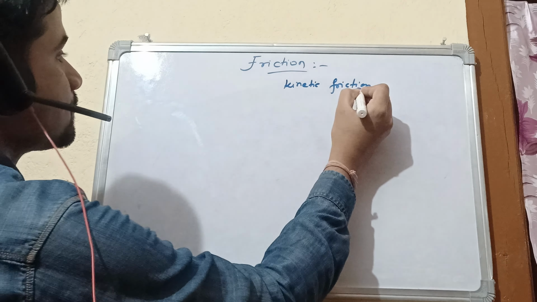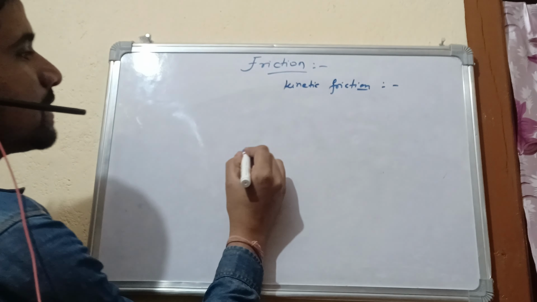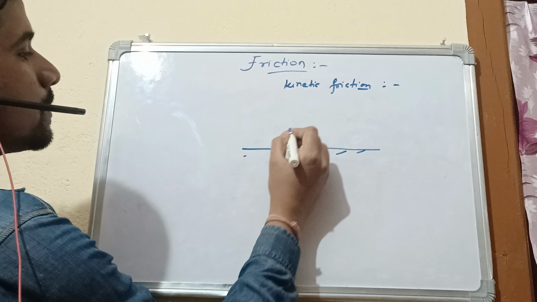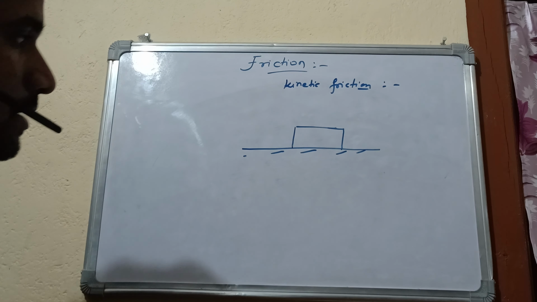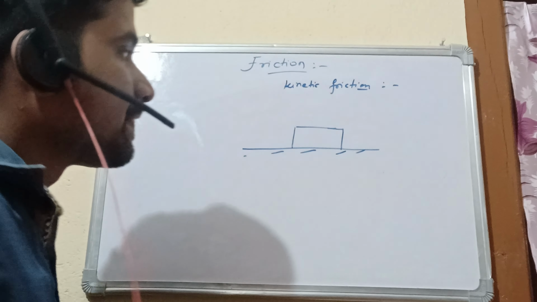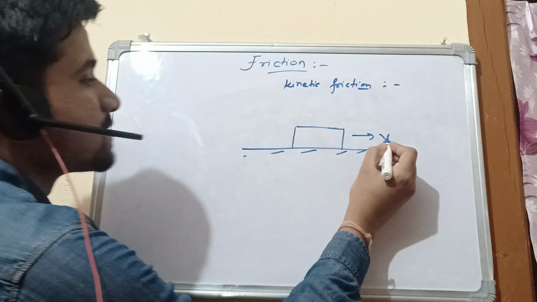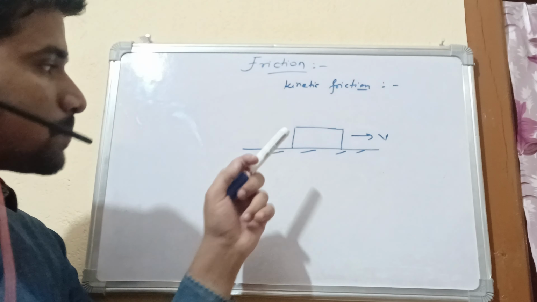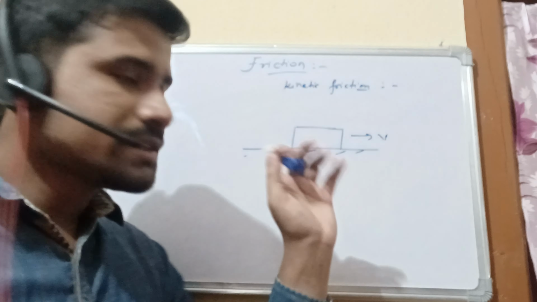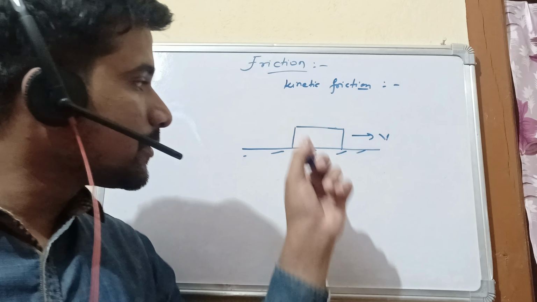Kinetic friction. So let's say there is a block placed on this surface, right? And the velocity of the block is in this direction initially, right? Now this block is in motion with respect to this surface. There is a motion between two bodies in contact.